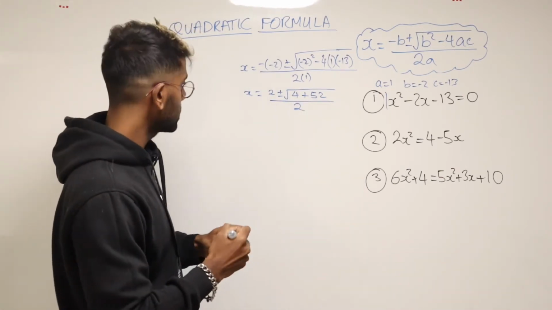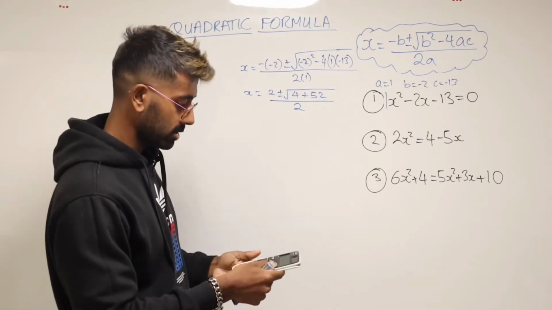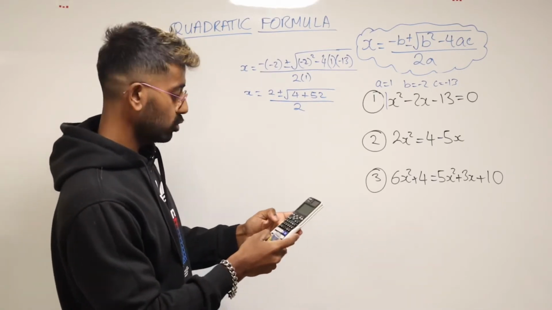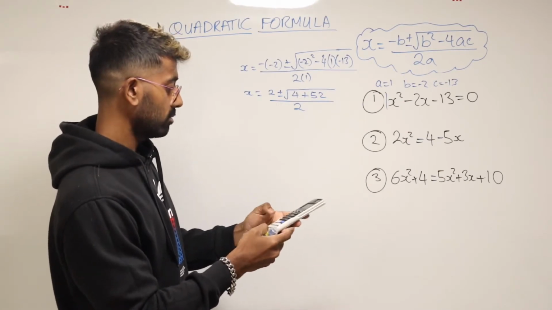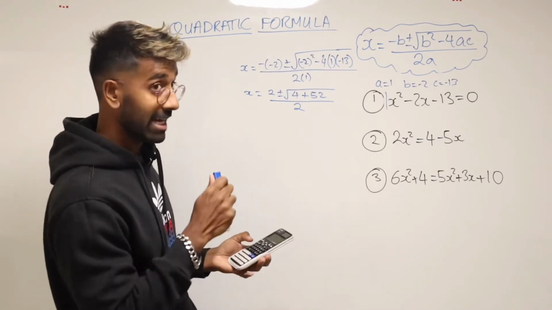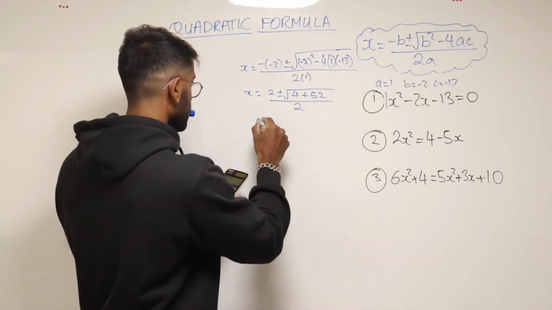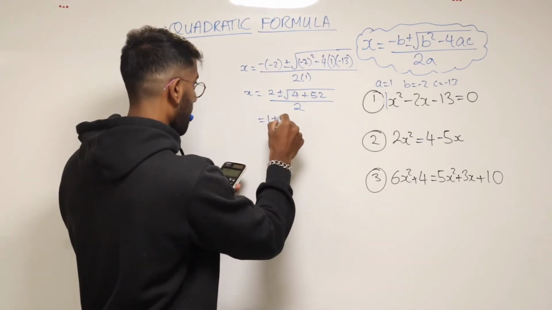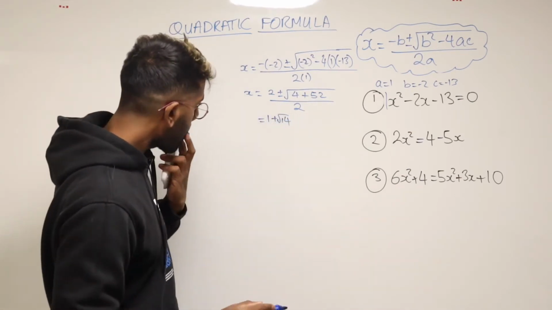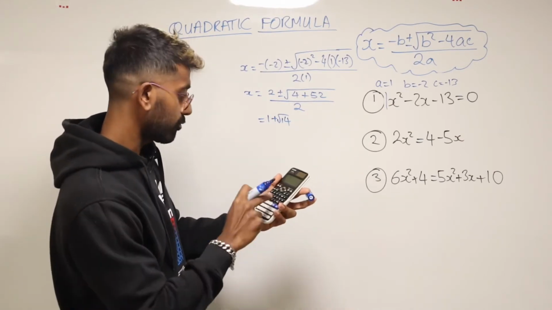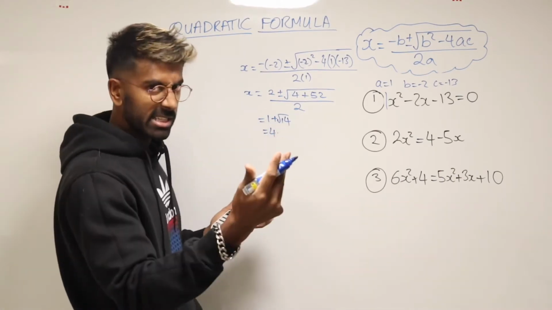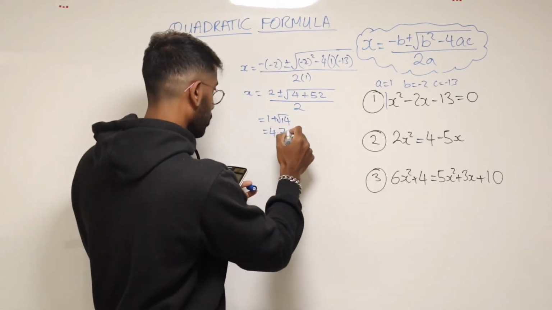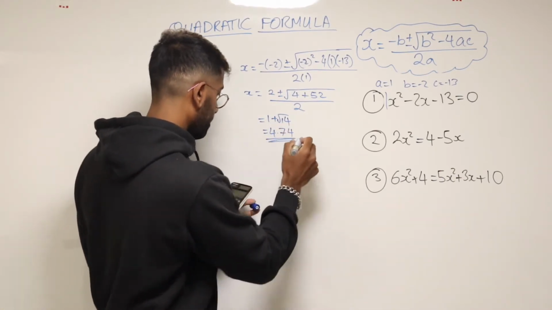To get this, let's just plug this straight in the calculator. So we'll have 2 plus the square root of 4 plus 52 over 2. So my first answer as a surd is 1 plus root 14, or as a decimal, to 3 significant figures, 4.74.